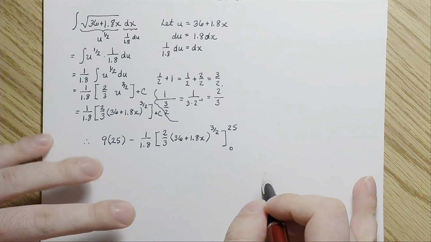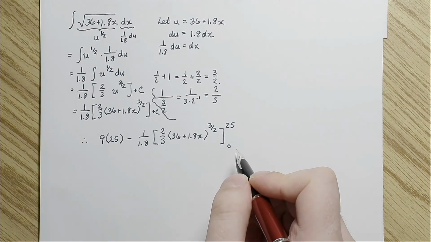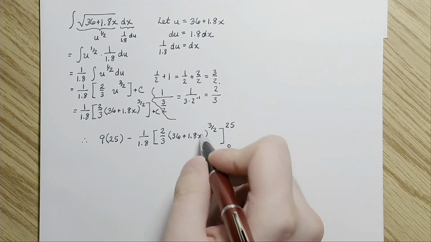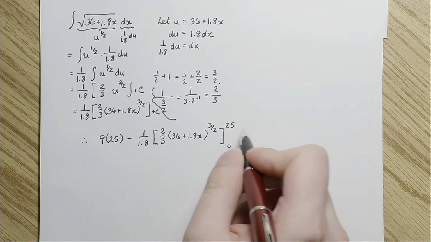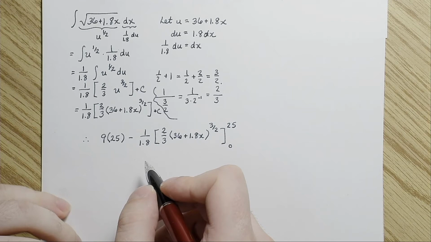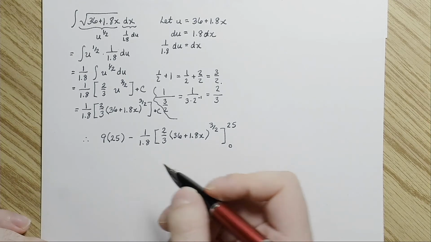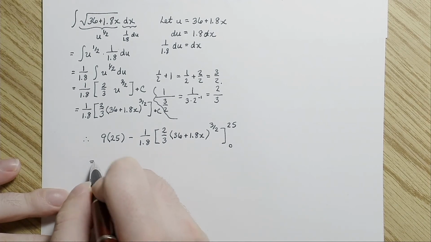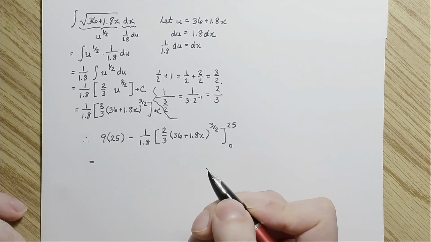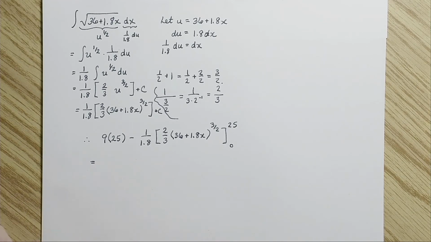These are not great numbers to work with because I got 3/2 and I'm going to be plugging in 25. So I'm not going to lie, I used a calculator for this part. Again, if it was on an exam and you didn't have to use a calculator, the numbers would be nicer.